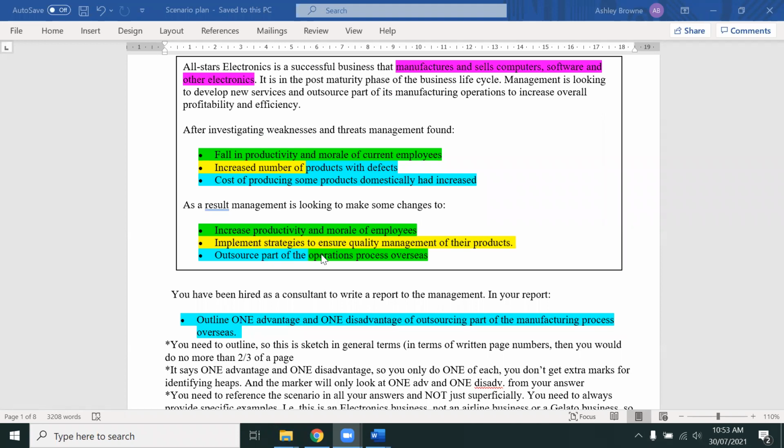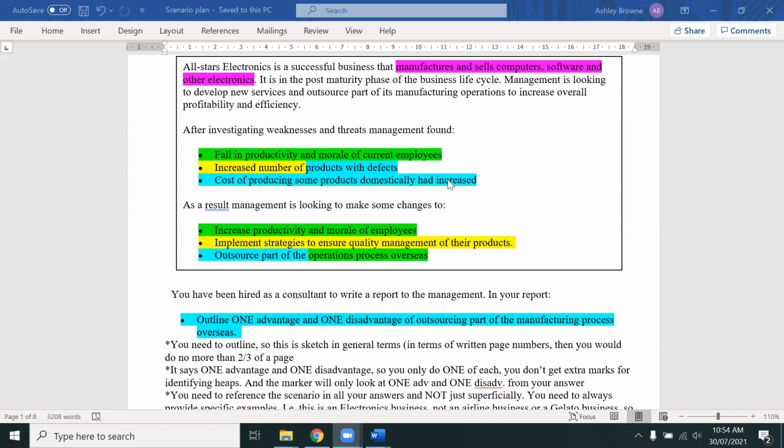So this particular dot point's relevant to this. Outsource part of the operations process overseas. That's why I've highlighted it in blue. It's also relevant for another one of the dot points. That's why I highlighted it in green. You don't need to obviously pull out your highlighters in the HSC for different colors, but it just helps to be able to link the things. The other thing that I think is super important for that question: cost of producing some products domestically has increased.